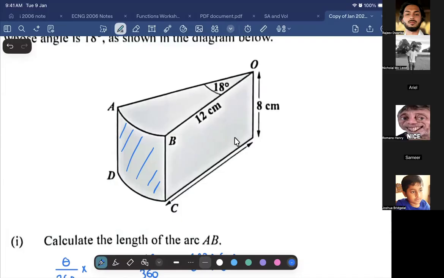Well, it wouldn't exactly be a square or a rectangle. It will be a quadrilateral. I can't really say it's a square or a rectangle because of the curved face, but to find the area is the same concept. So think about it, right? Do you know what the arc length is?